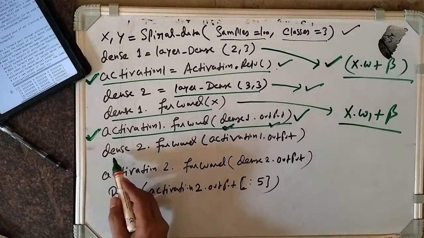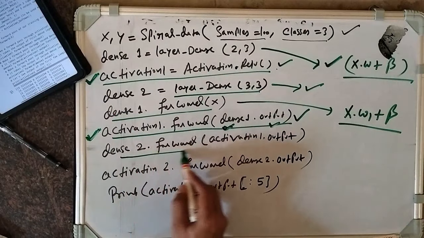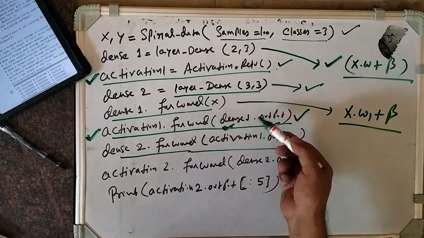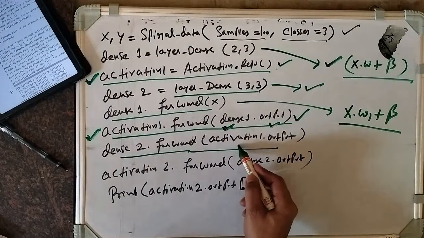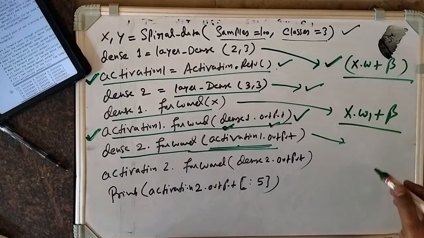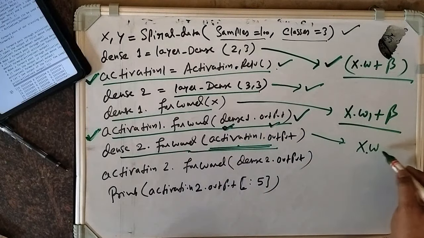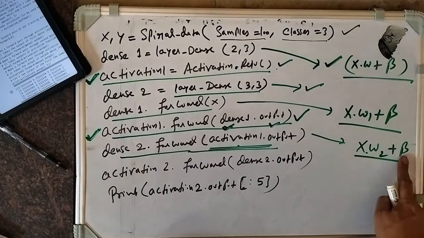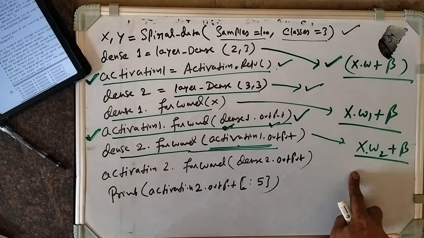Then I am writing dense 2 dot forward. Whatever output came from the ReLU function, I am using again in the forward pass. Forward means again x dot w2 plus beta, where another weight will come, and beta means the bias.